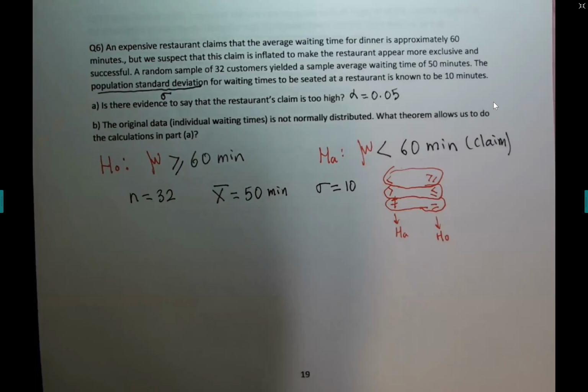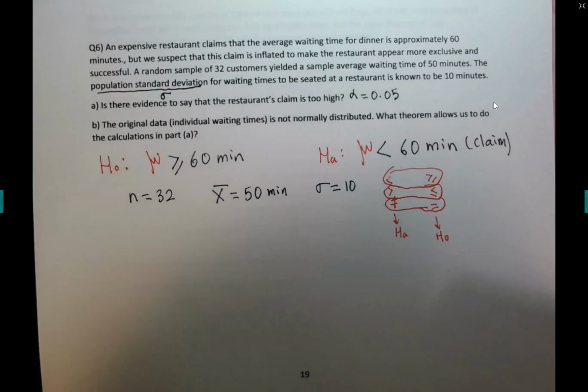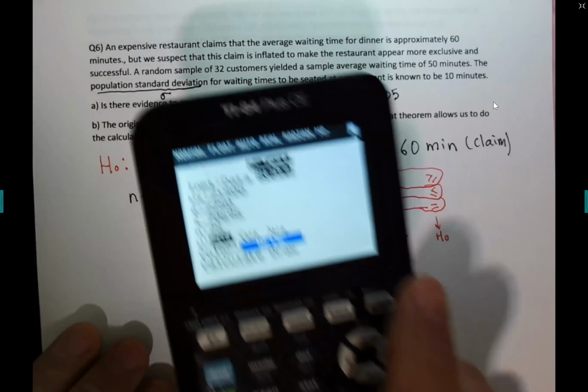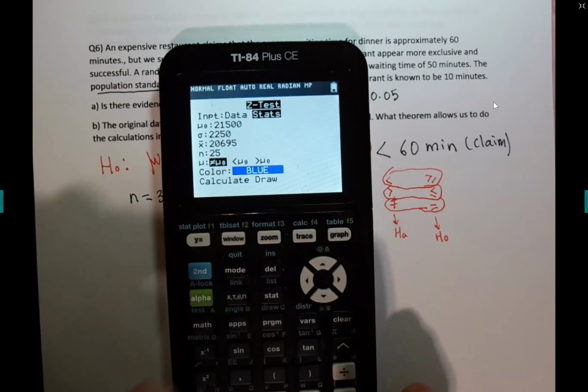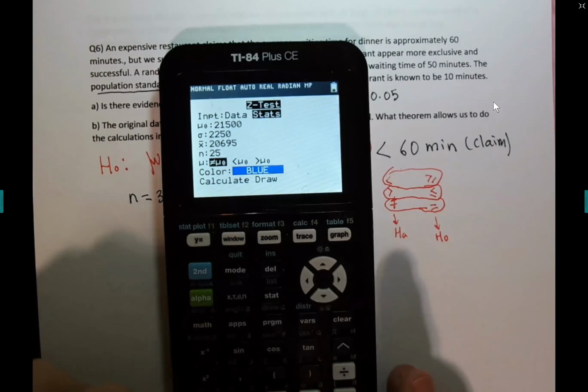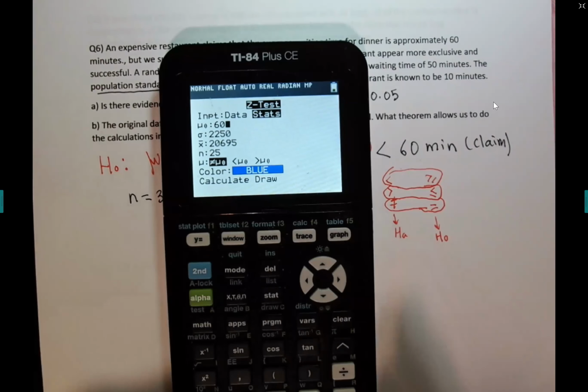Let's go to the z-test and get step number 2 and step number 3. Z-test. Ready? So mu0, it's against the 60 minutes. See, the null hypothesis is called the status quo, the previous belief.